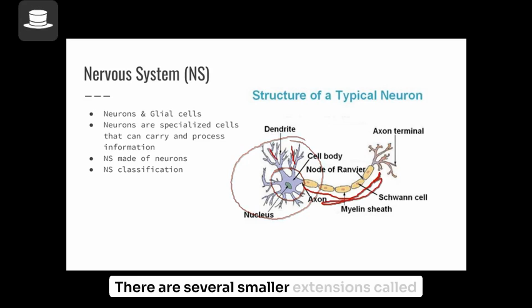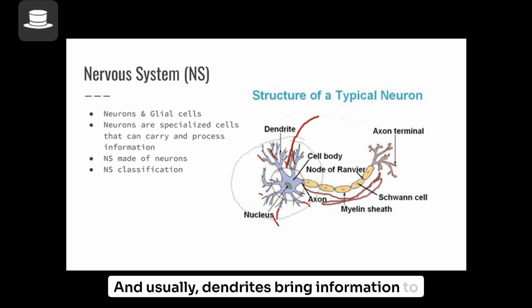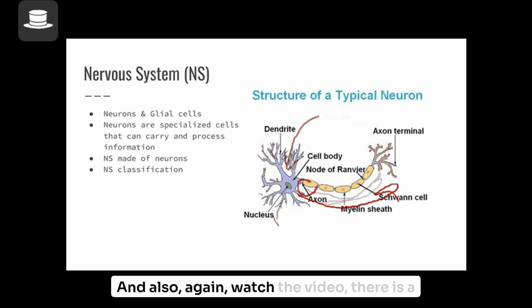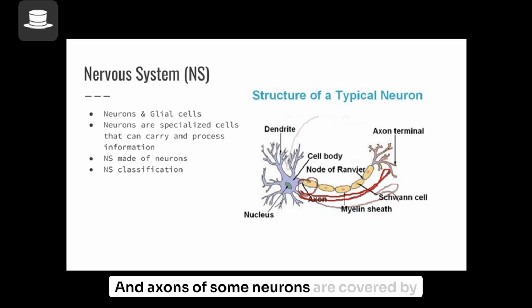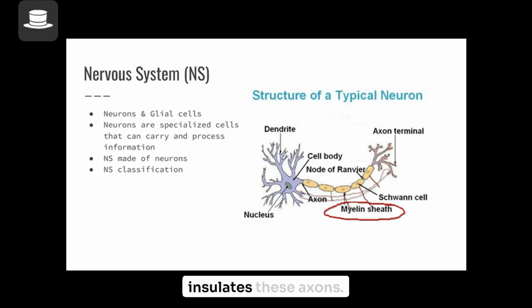There are several smaller extensions called dendrites, and usually dendrites bring information to the cyton, and the axons take information away from the cyton. And also, again, watch the other videos. There is a lot more information in there. And axons of some neurons are covered by extensions of the glial cells to form a covering called myelin sheath, which insulates these axons.